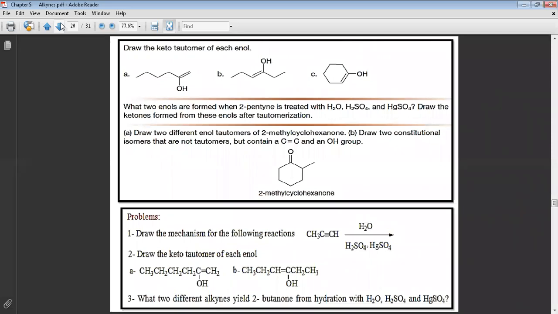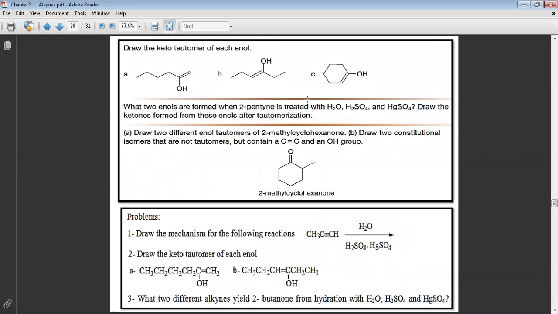Okay, this is also nice homework. Draw the keto tautomer for each enol. Look, students, this enol form, all of this is enol. I want you to write the keto form, or the keto tautomer, for this compound. Now the second one: what two enols are formed when this alkyne is treated with H2O and H2SO4?